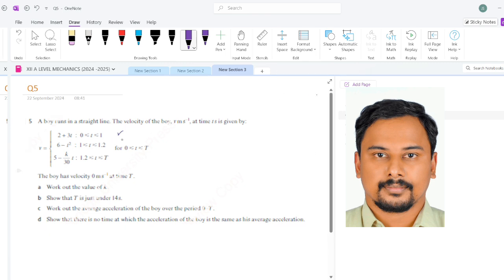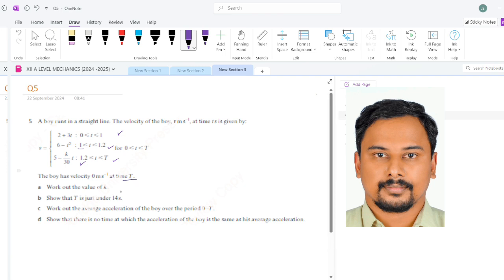We can also use the velocity equation 6 minus t square up to 1.2, and this function we can use for 1.2 up to the maximum time period t seconds. Using this we have to work out. Obviously, here the boy's velocity is 0 meters per second at time t, that means he must be at rest.